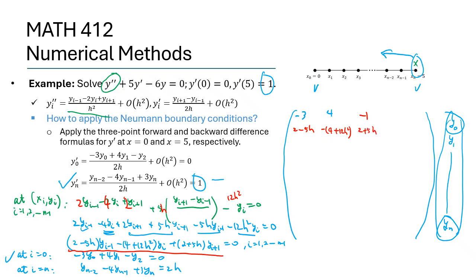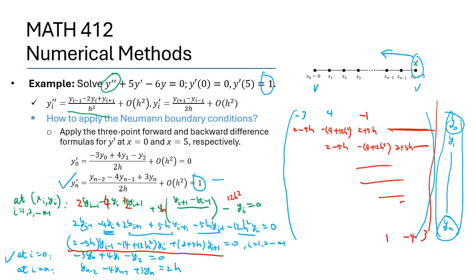Moving to the next row, it's 2 minus 5h, negative 4 minus 12h squared, 2 plus 5h, and so on. All the others are zeros. Finally, in the last row, the last entry is 3, before it is negative 4, and before that is 1.